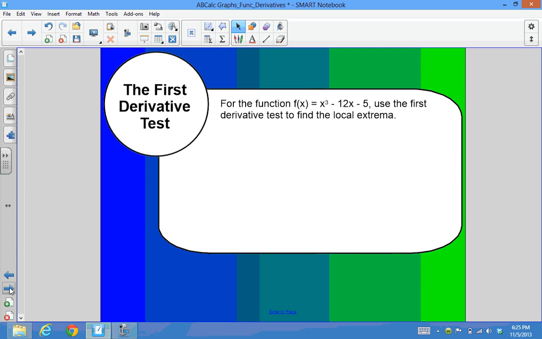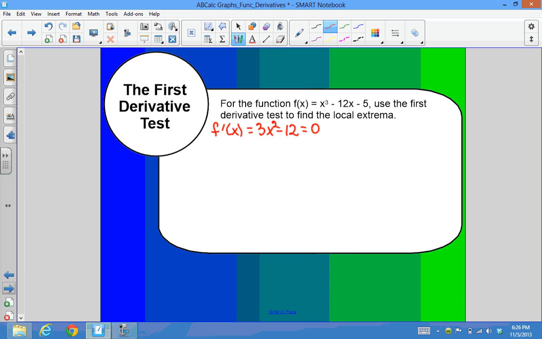Okay, first derivative test. For the function f of x equals x cubed minus 12x minus 5, use your first derivative test to find the local extrema. Okay, we said what you need to do on this is to find f prime of x, 3x squared minus 12, and set it equal to 0.